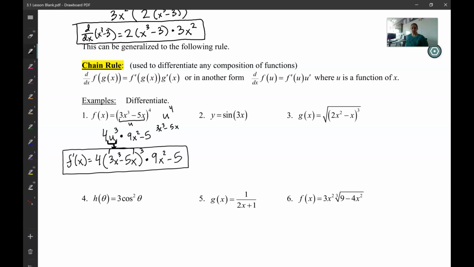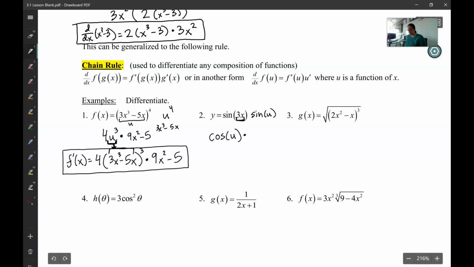Let's try this one, number 2. Here, my mommy function is sine of u. So I'm going to start by taking the derivative of my mommy function. Well, derivative of sine is cosine. And then times the derivative of your baby function.